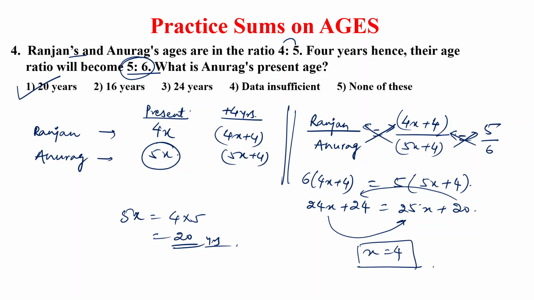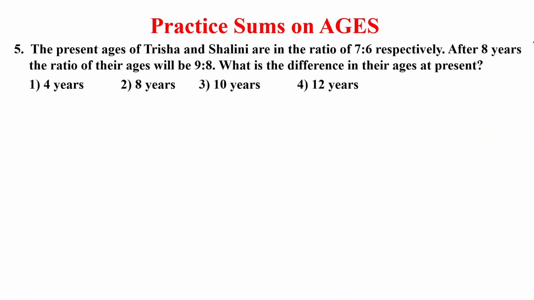Let's quickly go to question number 5 and see which question was asked in the question paper based on ages. Question number 5 says the present age of Trisha and Shalini are in the ratio 7:6 respectively.